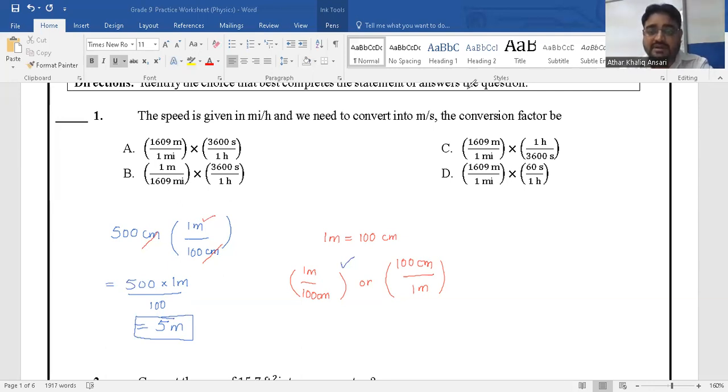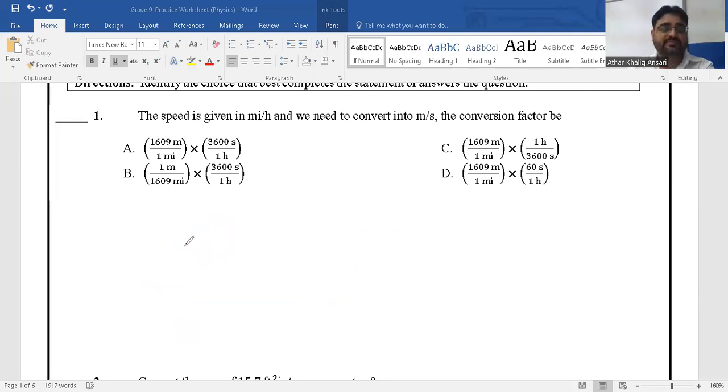For example, here I would like to look at question number 1. The speed is given in miles per hour and we need to convert this speed to meter per second. So our concern is from miles per hour to meter per second.